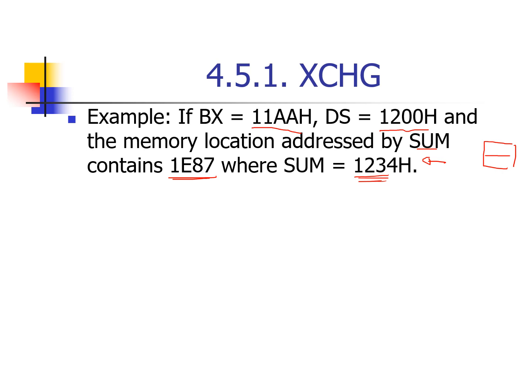DS times 10 plus this address gives you memory location 34 and memory location 35. And in 34, the low byte 87 is stored. In 35, 1E is stored. Okay.